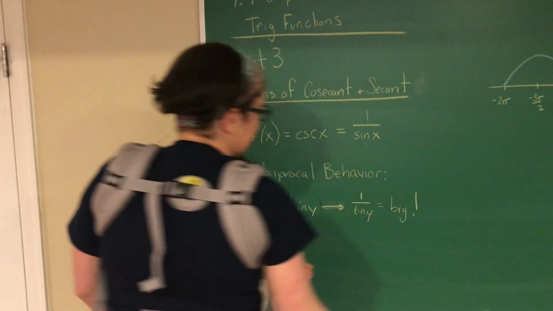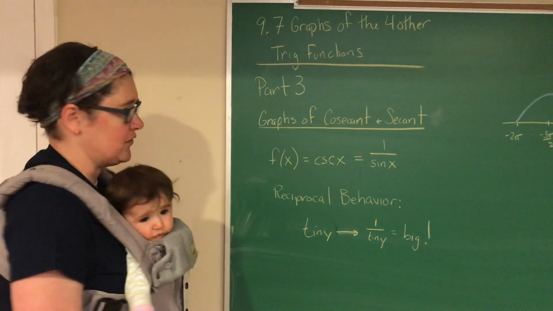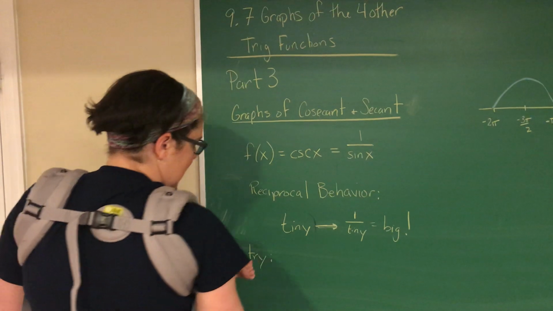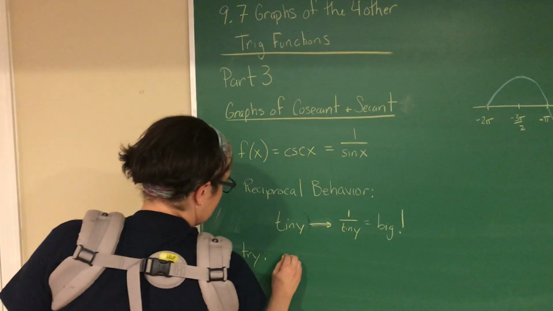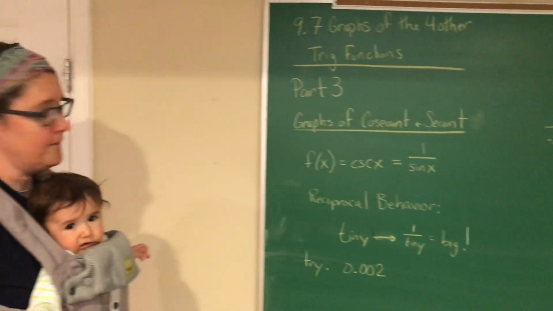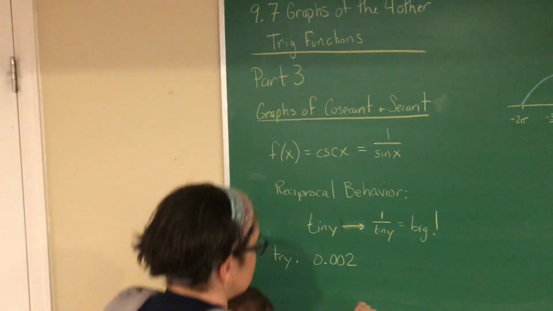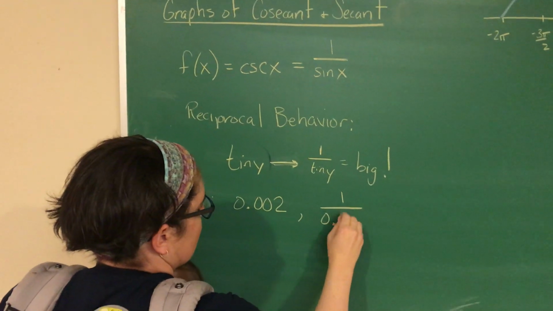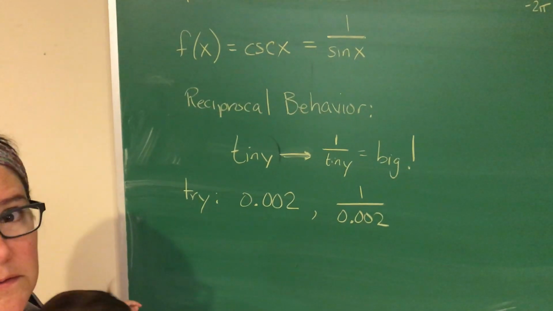So that might not really make sense, but here's what I want you to try. On your calculator, take a really tiny number, something like 0.002. That's a good number to look at. And then look at 1 divided by 0.002. Okay.